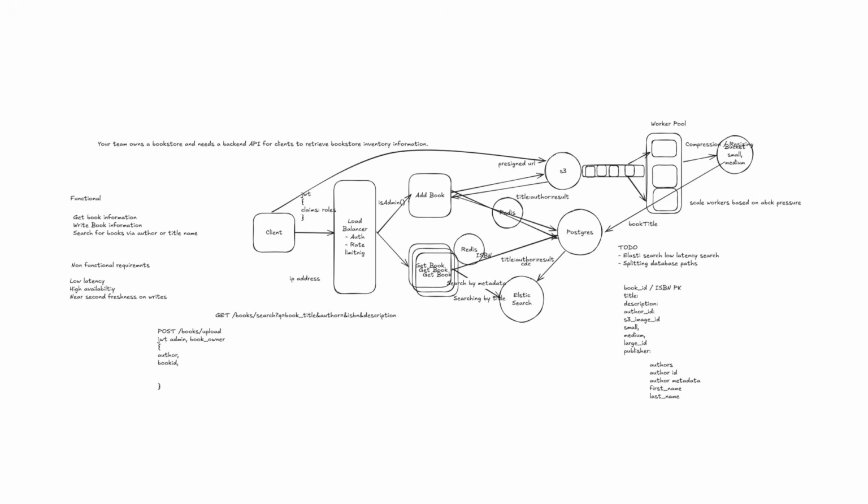I would say maybe it's worth talking about this Kafka schema. So we want to have exactly once in this situation. So we can have an idempotency key of the book ID.